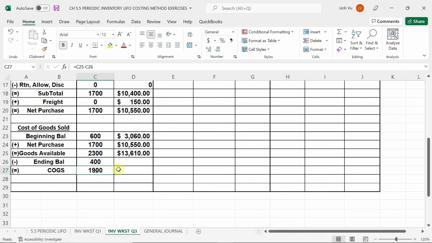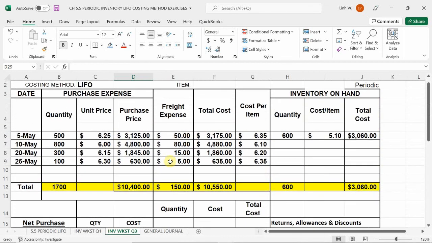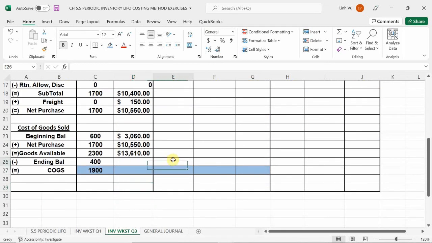Once again, let's build my table so I can calculate how much it's going to cost me to sell that grand total of 1,900 units. I can build my table here, and I'm going to call this my cost of goods sold section.